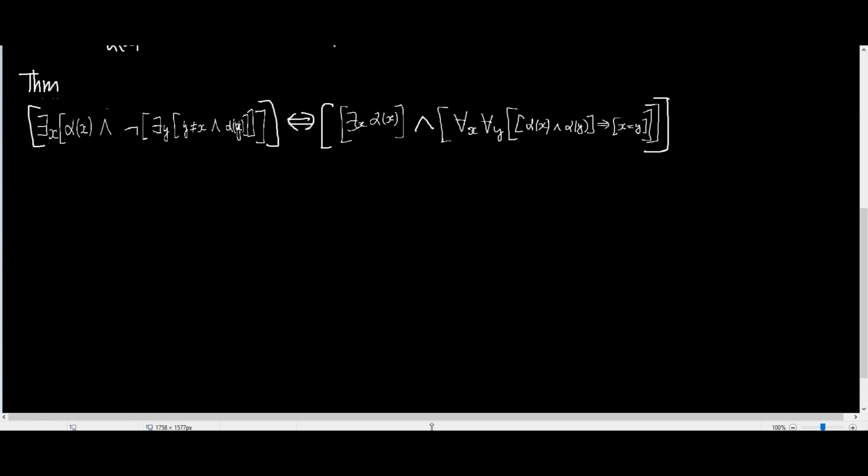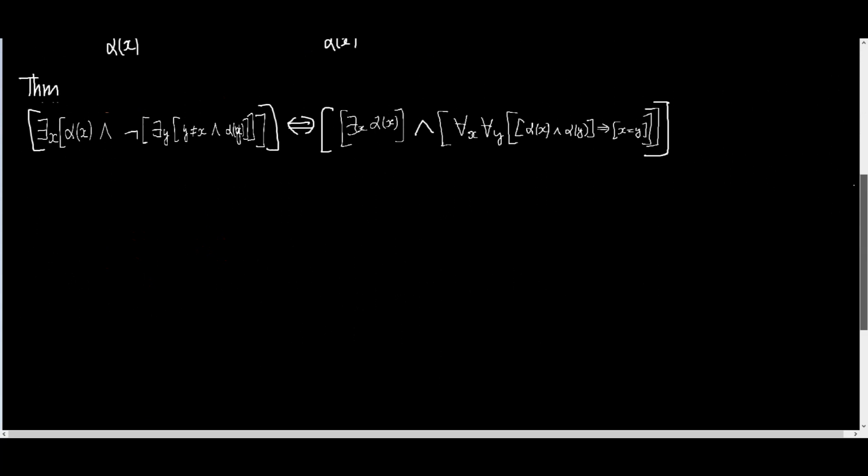Very often we want to say that there are at least two different objects having a certain property. So the existential quantifier only tells us that there is at least one object x having that property. But what if I want to say that there is at least two?